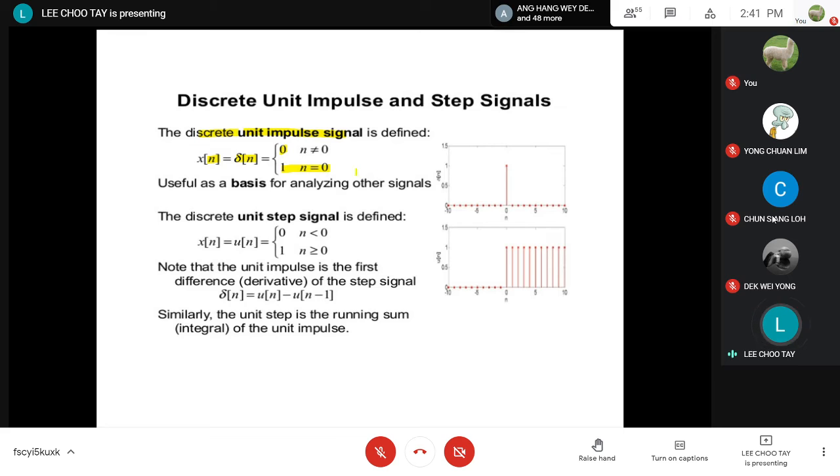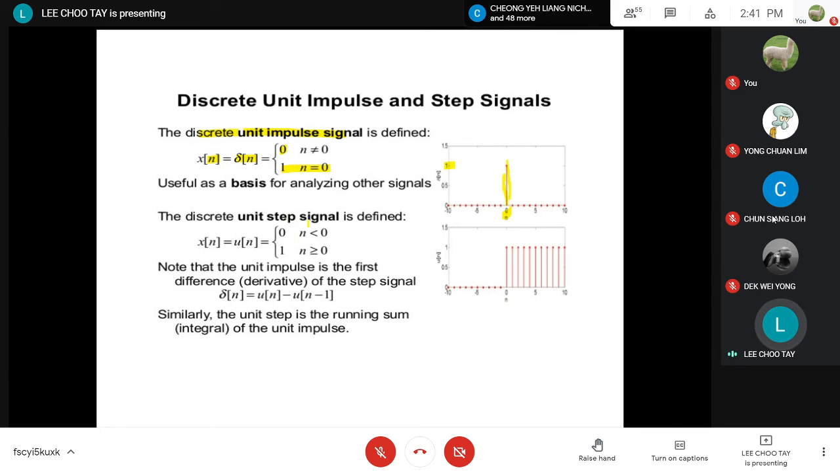If you draw the waveform, when n equals 0 you have a short impulse with magnitude 1.